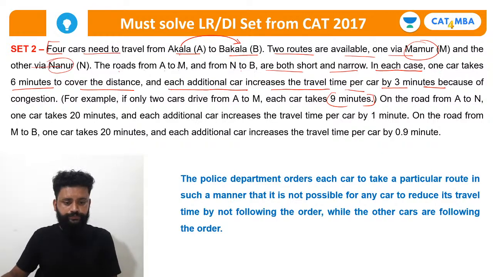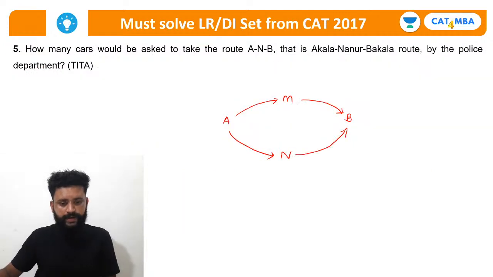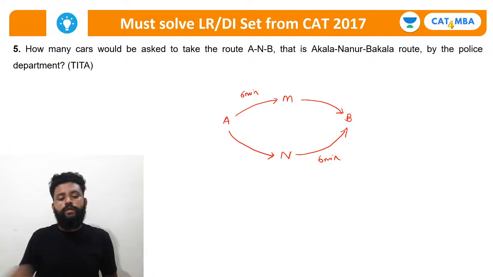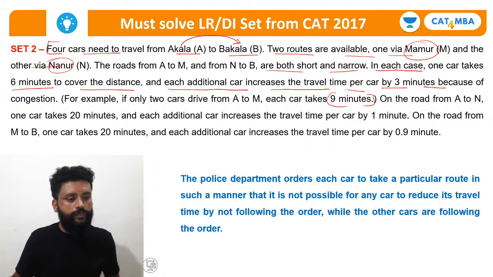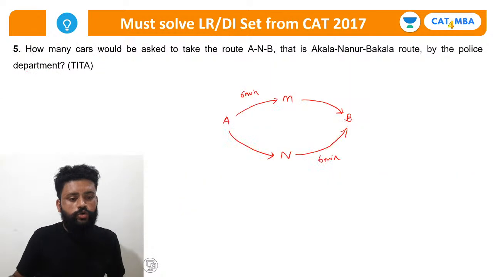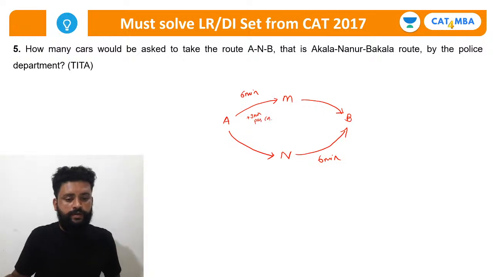In each case the car takes 6 minutes. A to M, N to B. A to M takes 6 minutes here. N to B is also narrow here. And per car after that, 3 minutes extra are taken. Plus 3 minutes extra per car. Here also plus 3 minutes per car.